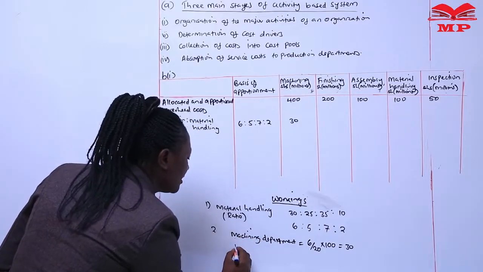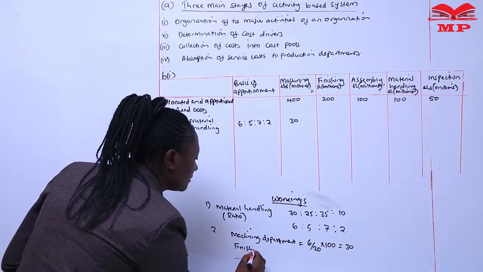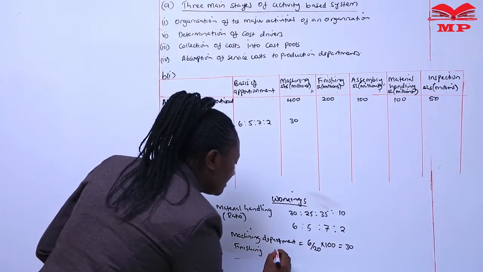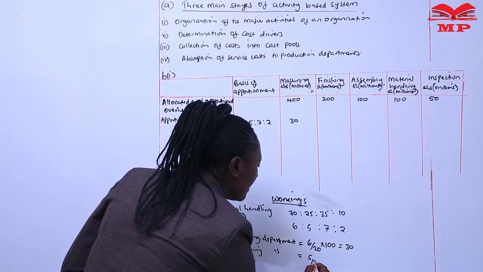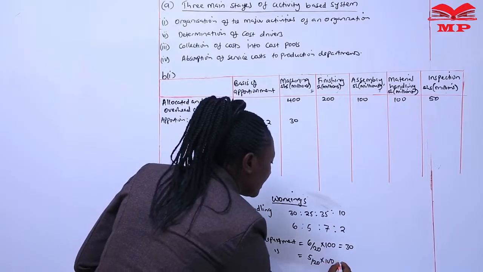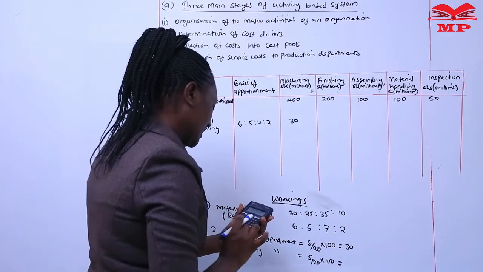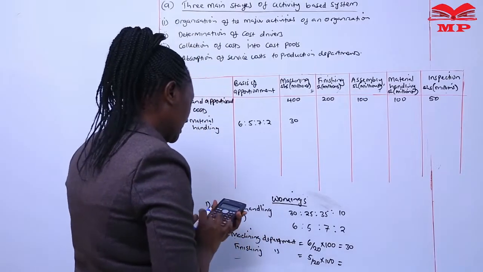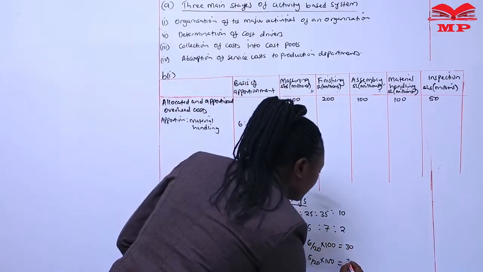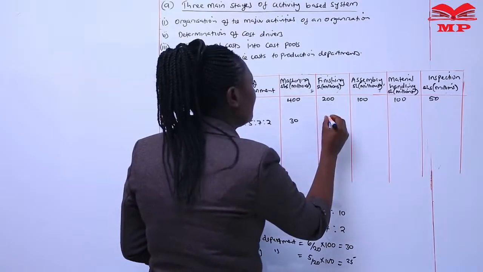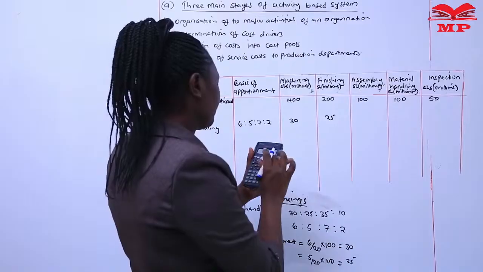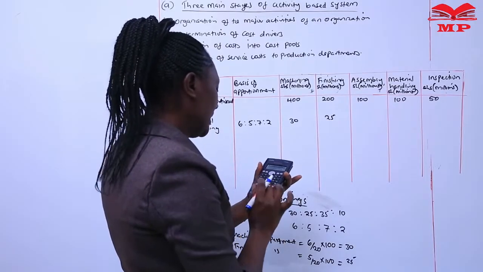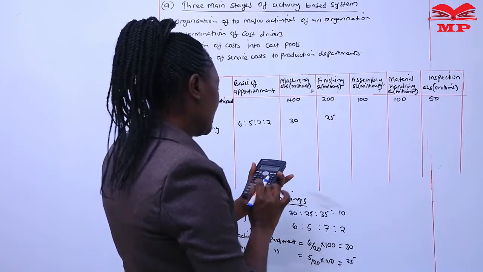And then to finishing department, we'll simply take 5 over 20 times 100. 5 over 20 times 100 will give us 25. So we'll have 25, and you do the same for the others. Take 7, divide by 20 times 100.